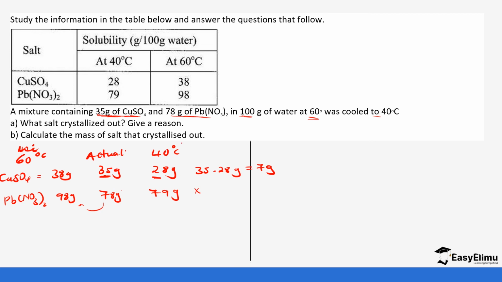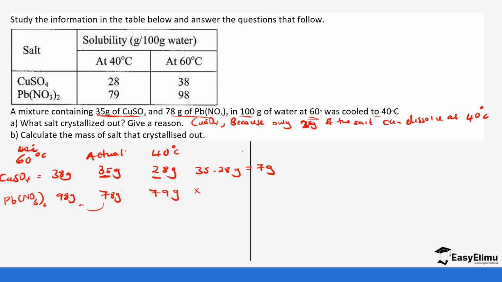So what salt crystallized out? You say it's the copper sulfate, because only 28 grams of the salt can dissolve at 40 degrees Celsius.